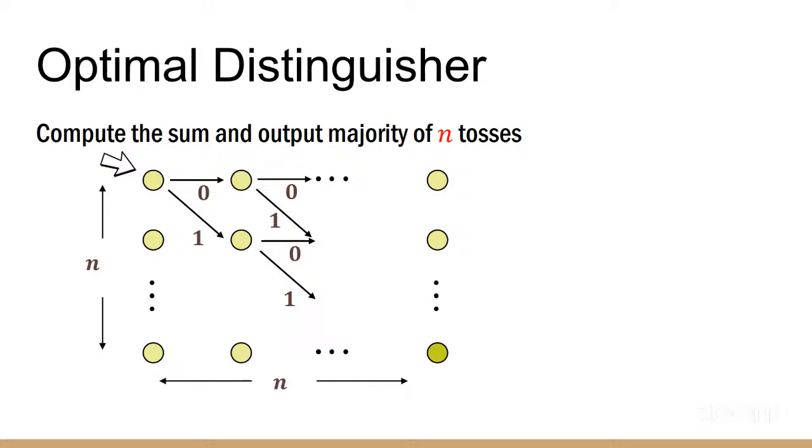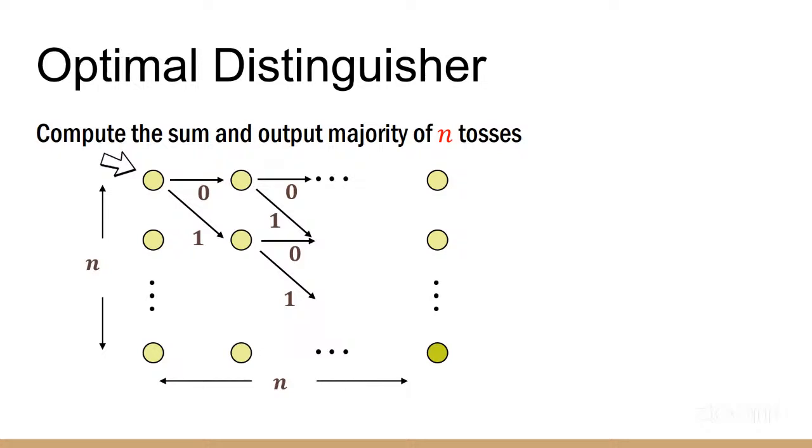Half of them are accept states, half of them are reject states. So this is a read once branching program that computes the sum, or computes the majority, perfectly. It's a width n, length n branching program.